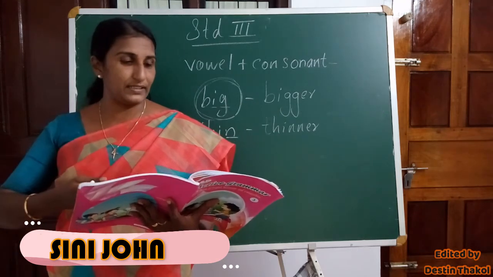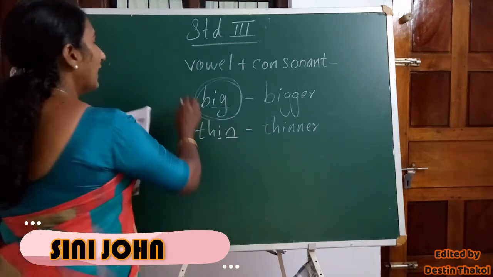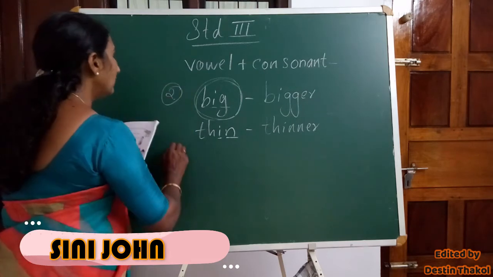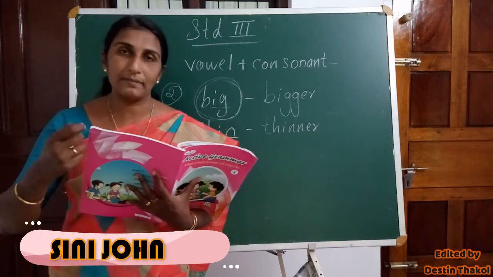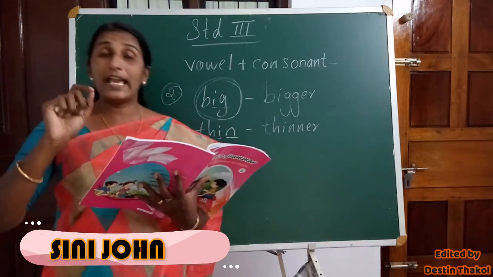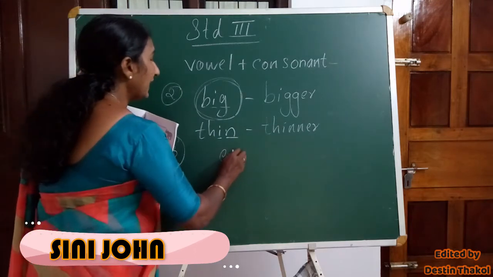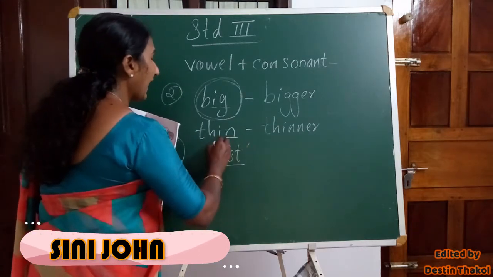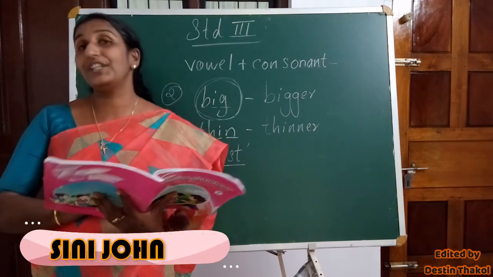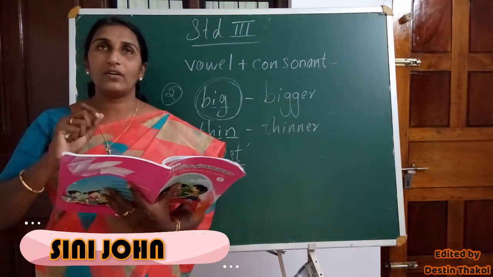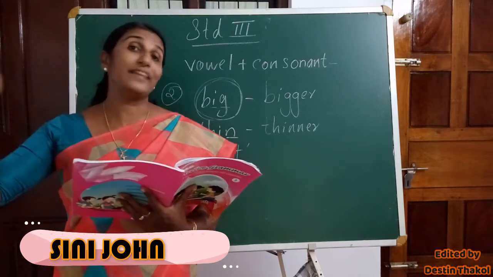The example is given there. Then one more thing you have to remember, this is the third one. When we compare more than two persons, places, things, etc., in some cases we use EST. What is it? EST we always use in the superlative degree, so we will learn that in bigger classes.